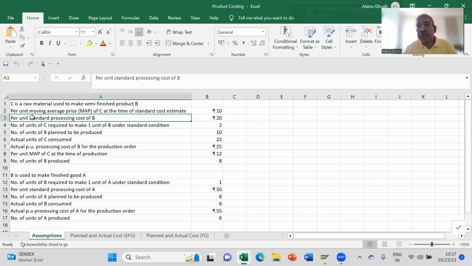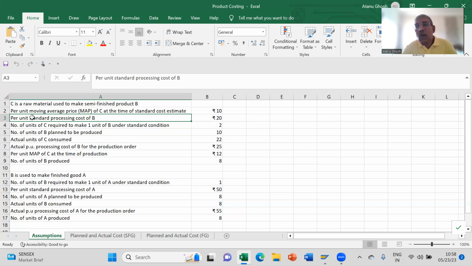For example, it can be machines, it can be labor, it can be setup. Labor can even get divided into supervisors, workers, etc. So you first divide what are the major components on which costs will be incurred for the processing of the product. These are called activity types. So machine is an activity type, labor is an activity type.